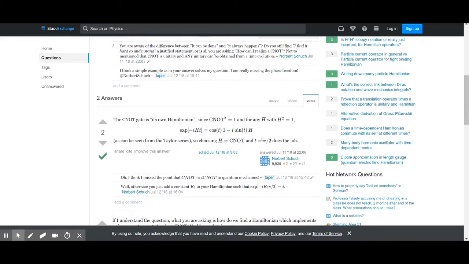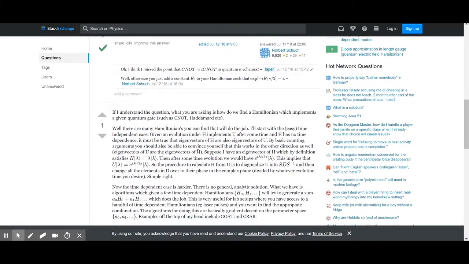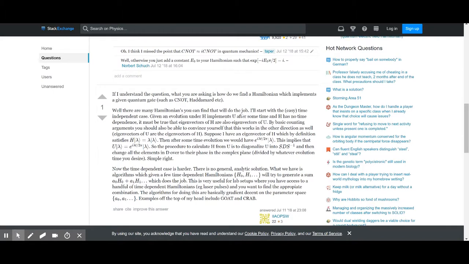So if I understand the question you're asking, how do we define it? Well, there are many Hamiltonians you can find that will do the job. I'll start with the easy time independent case.